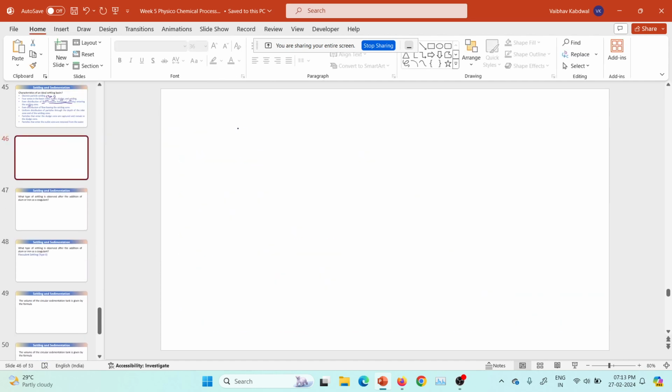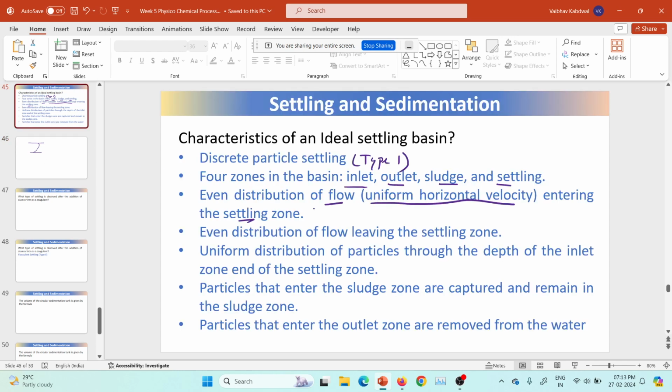Like in open channel, we have studied this is somewhat the velocity profile. So we assume the velocity profile is uniform, with even distribution of flow leaving the settling zone. So what is even distribution of flow?